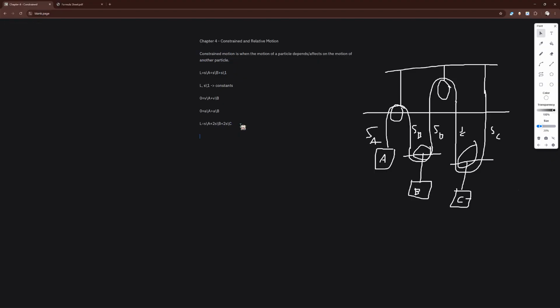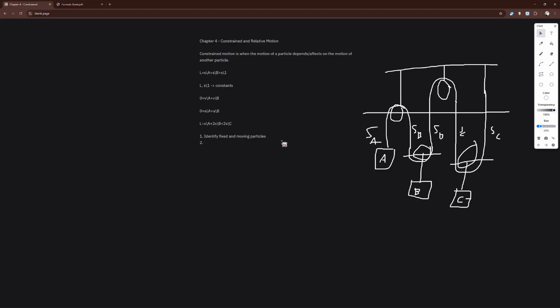So in summary, for solving a constrained motion question, the first step is you want to identify what's fixed and what's moving. Fixed and moving, I'll call them particles for now because that's what we're assuming they are, but I guess bodies is another word that works.